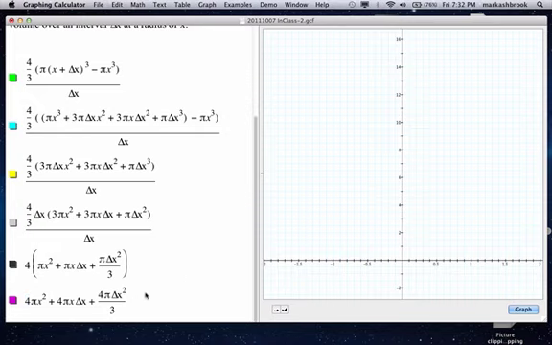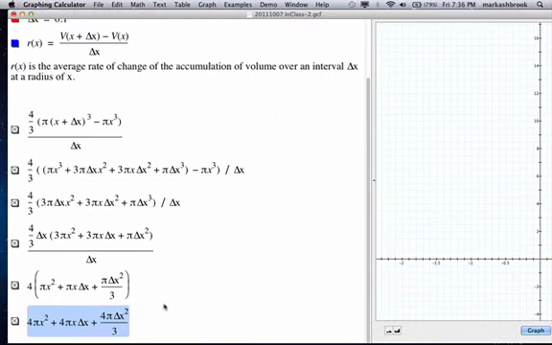So now I have this expression that's equivalent to our initial average rate of change function expression that we started with here. These two are equivalent.